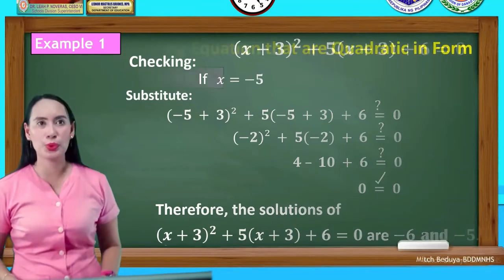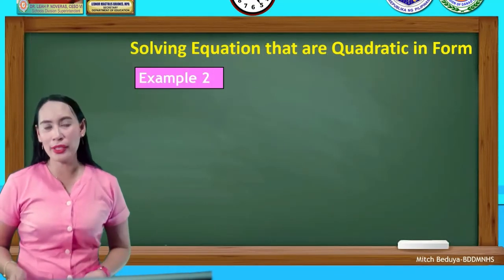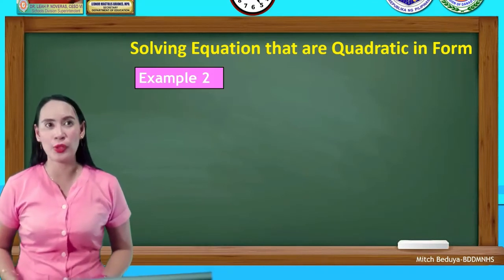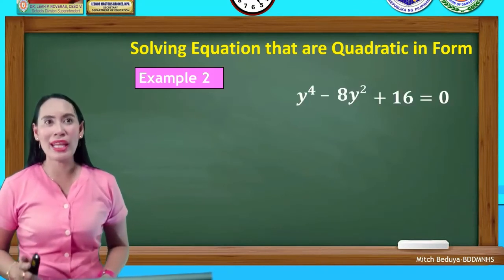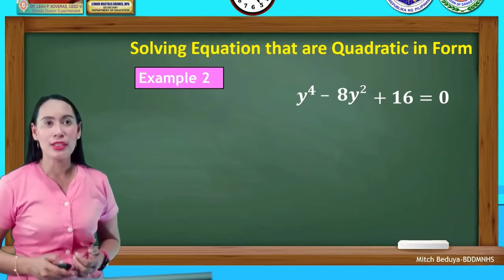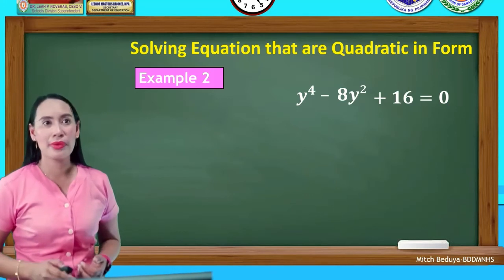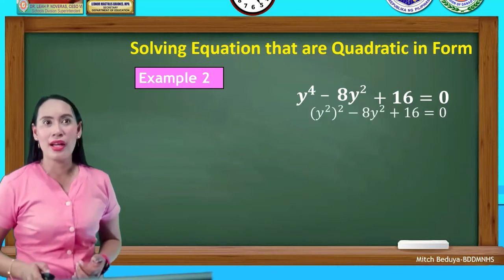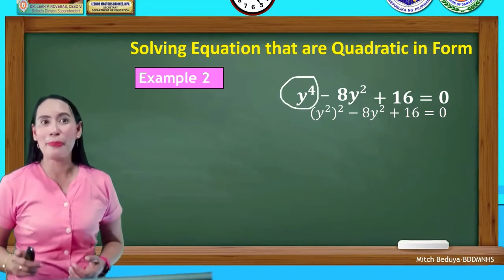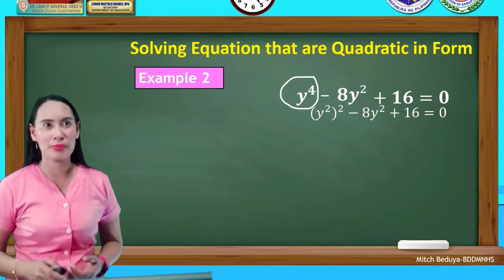Example number 2. In solving y to the fourth minus 8y squared plus 16 equals 0, the way to visualize this is by using the properties of exponents. So we could see it as y squared raised to the power of 2 minus 8y squared plus 16 equals 0.